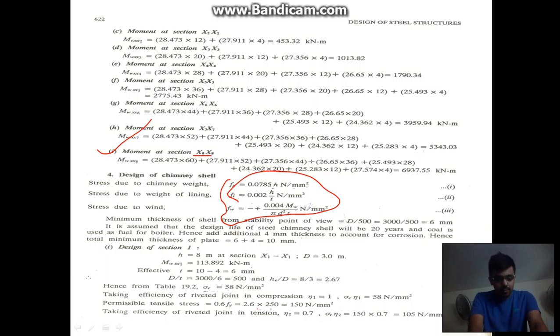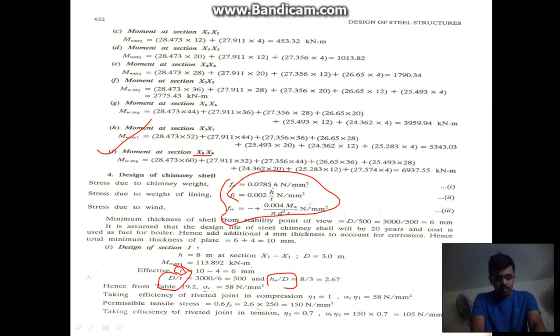For the design of section one, we have to design individual sections individually. Similarly, we know the moments at the section, we know the stresses at the section. From that, we can calculate the effective thickness of the section. Then from the D by T ratio, we'll get the HE by D ratio. Similarly, we'll have the permissible tensile stress here.